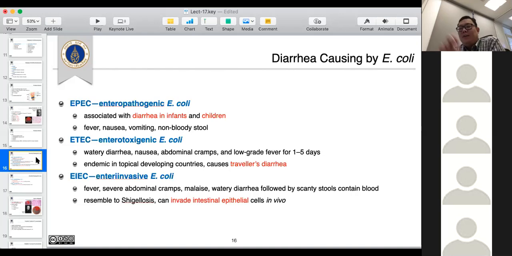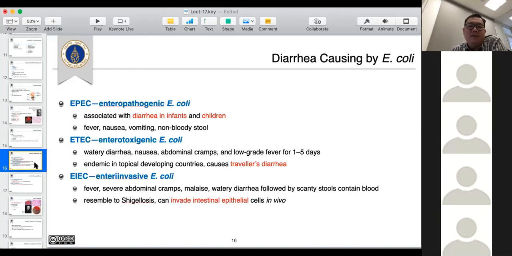This is the pattern of Shigella. Once the epithelium cells or the wall of the intestine is damaged, the patient probably has blood in the stool. So we call it bloody diarrhea.